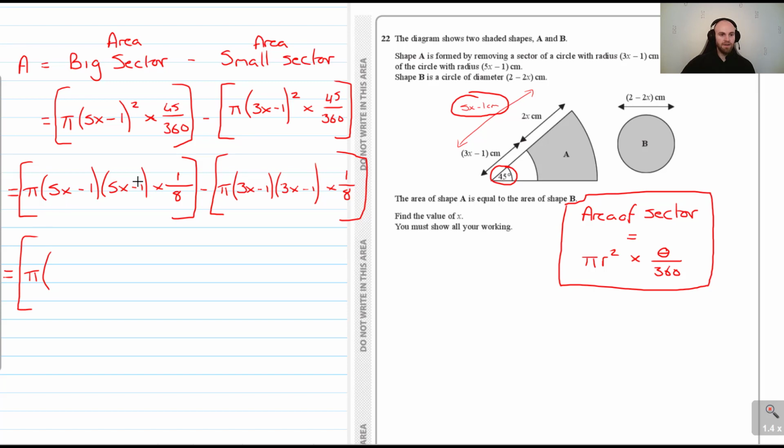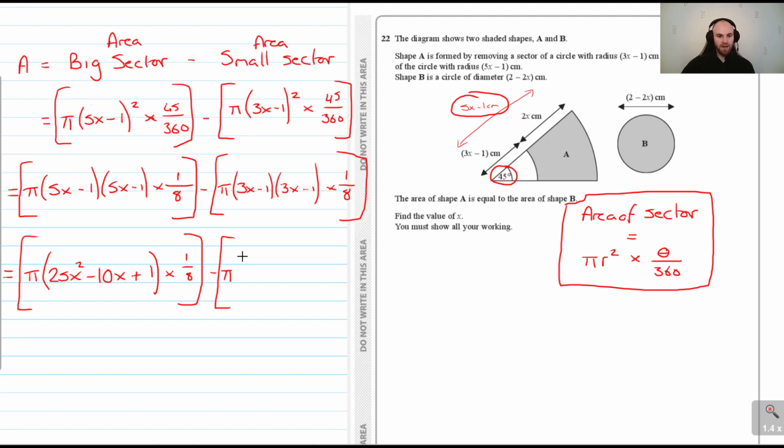We have pi, 5x multiplied by 5x, which gives us 25x squared. 5x by minus 1 is minus 5x. Minus 1 by 5x is minus 5x, so that's minus 10x. Minus 1 by minus 1 is plus 1, a minus times a minus is a plus.